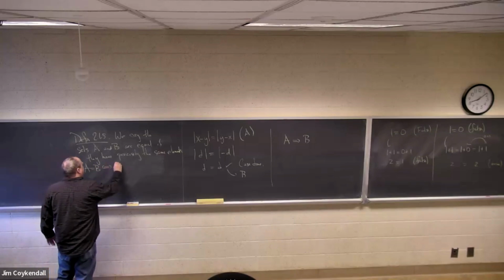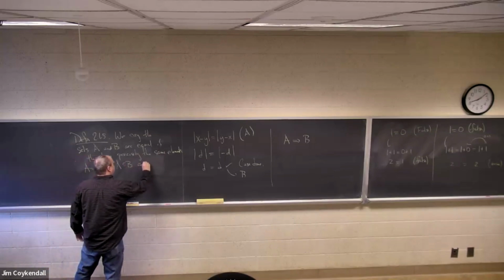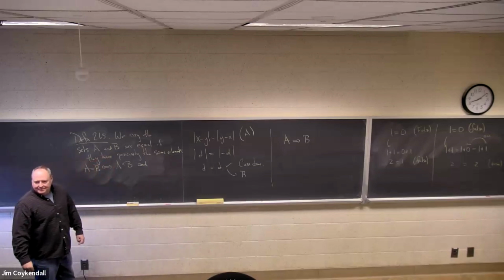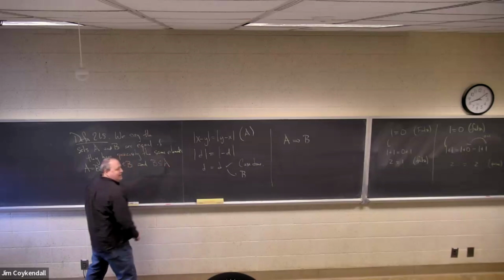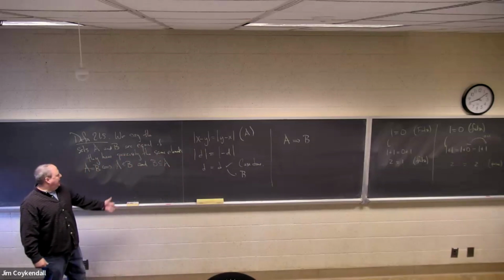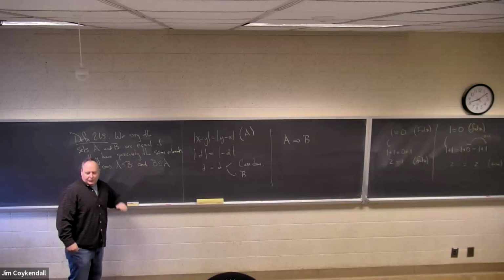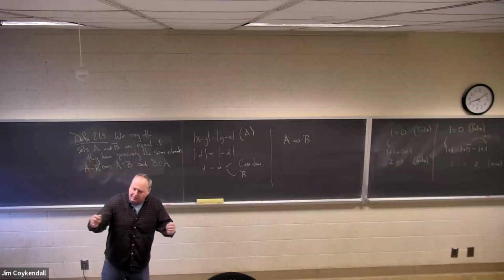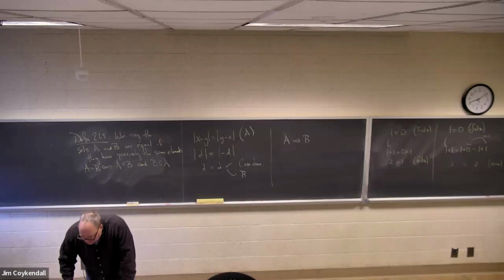If and only if A is contained in B, and what else? Good. They contain each other. This is kind of the standard way. If I ask you, are two sets equal? This is what you want to show, that everything in A is contained in B, and everything in B is contained in A.